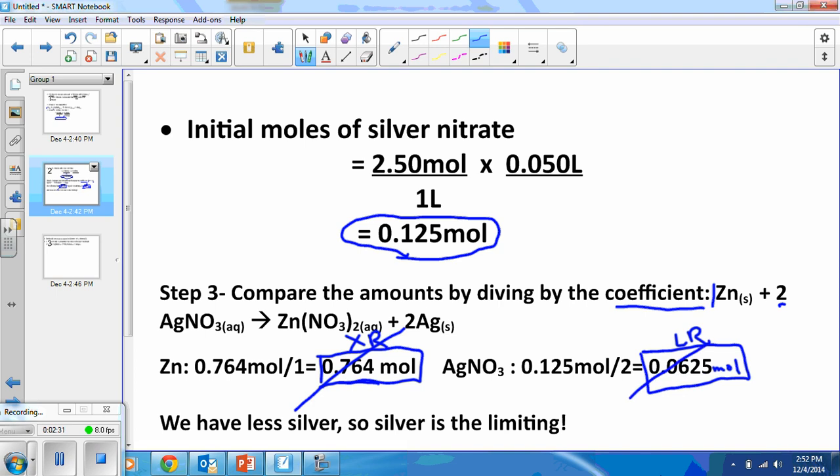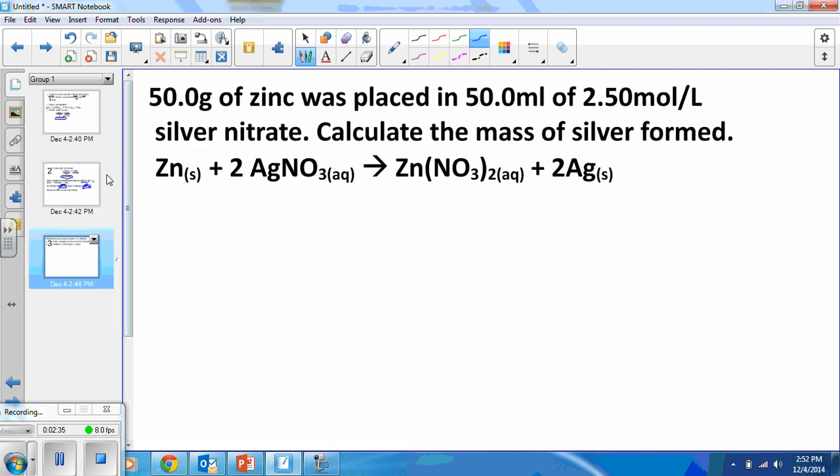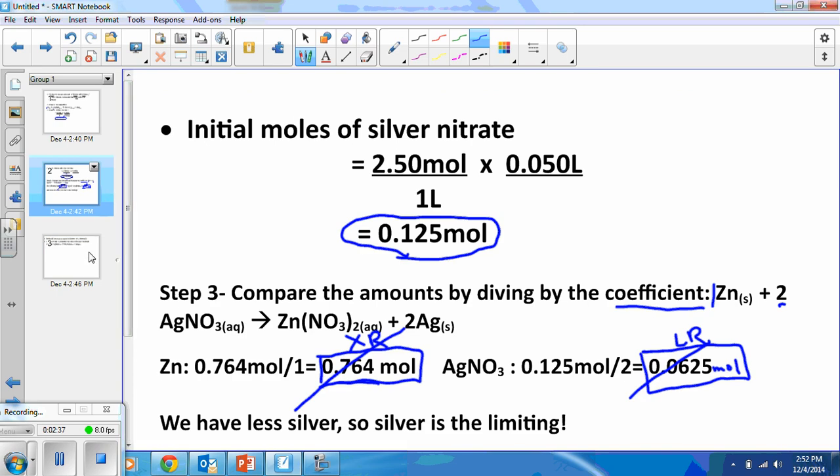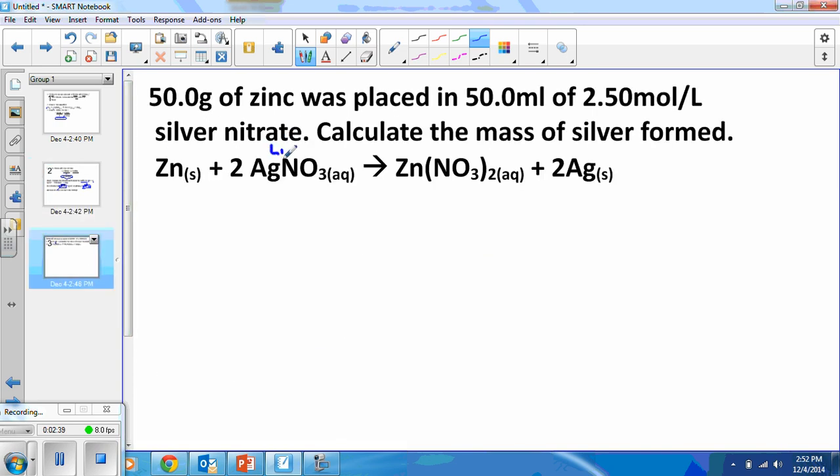I'm going to go back to the original question, and I'm going to label the silver nitrate as my limiting reactant, and I'm going to label zinc as my excess, and I'm only going to record the given information for my limiting.